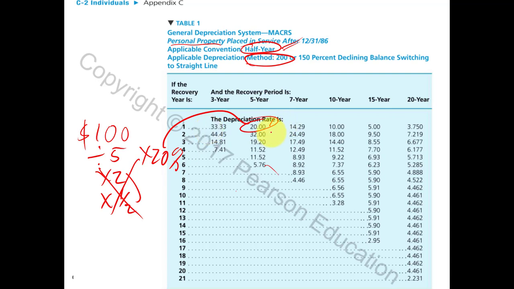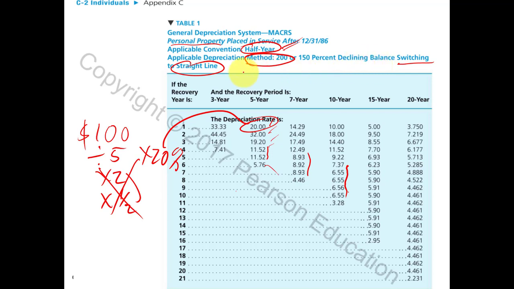Then it gets bigger because there's a full year next year, but the declining balance eventually gets smaller and smaller. Notice how these rates look the same over here in the later years. What's happening is that it's switching from the declining balance to the straight line method when the straight line method is larger than the declining balance.